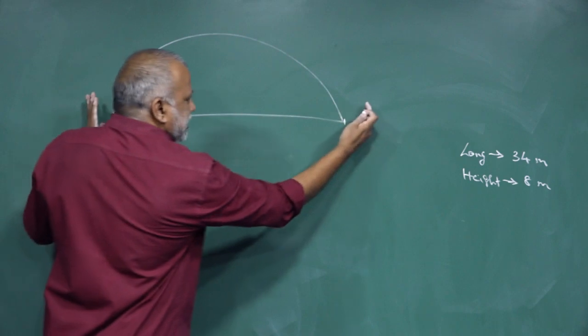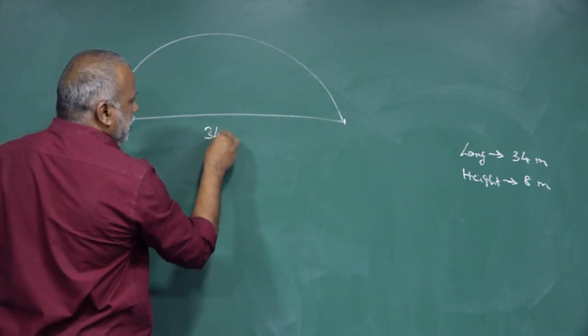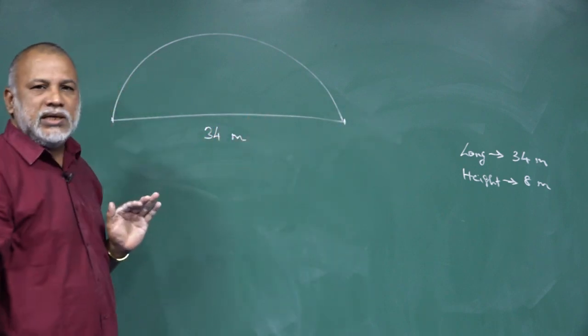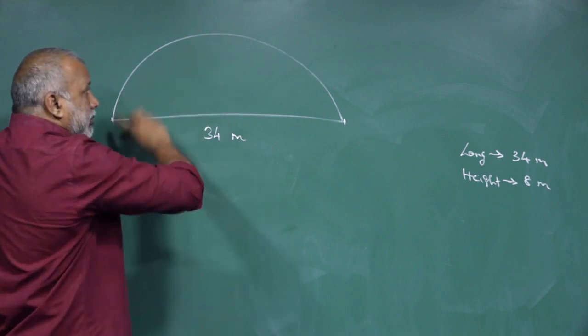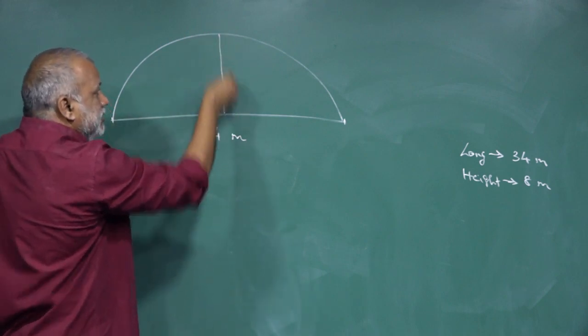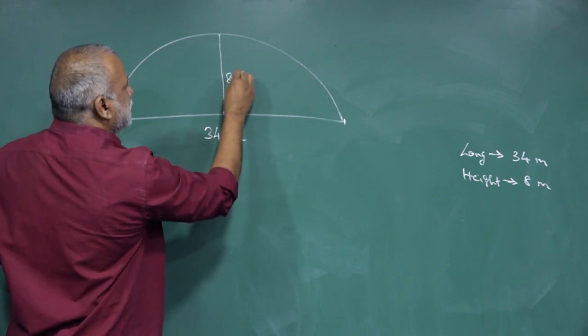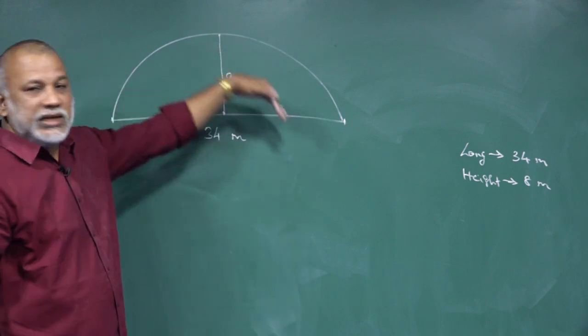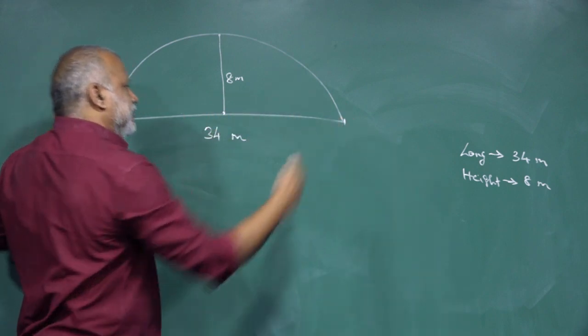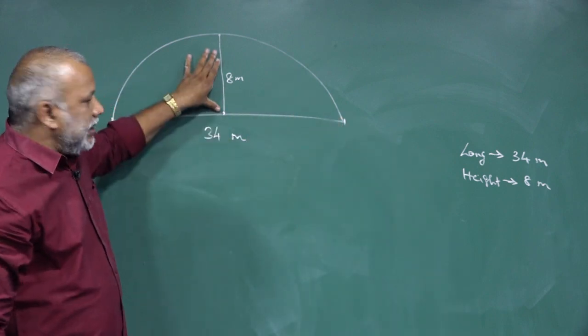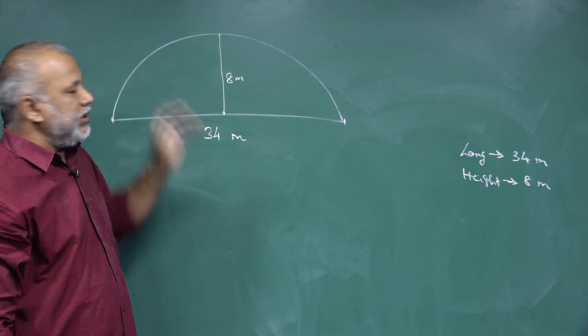The long means here the length, 34 meters long. The height must be measured from the center. The height of this is 8 meters. So it looks like a ceiling. The length is 34 meters, and the height from the center is 8 meters.